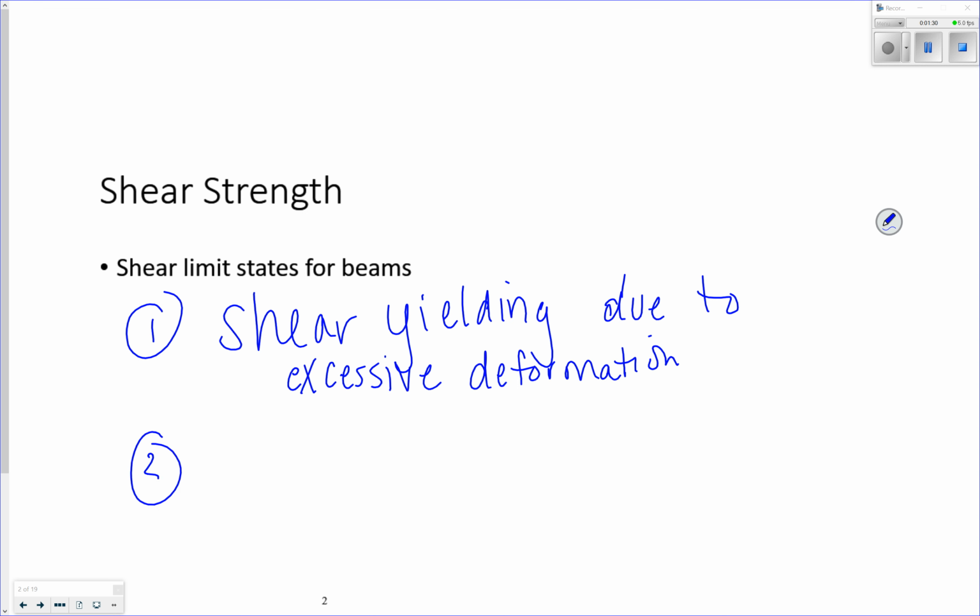And two, shear buckling in the web. And we're gonna look at how those come to be in a second. So we have shear yielding and shear buckling.